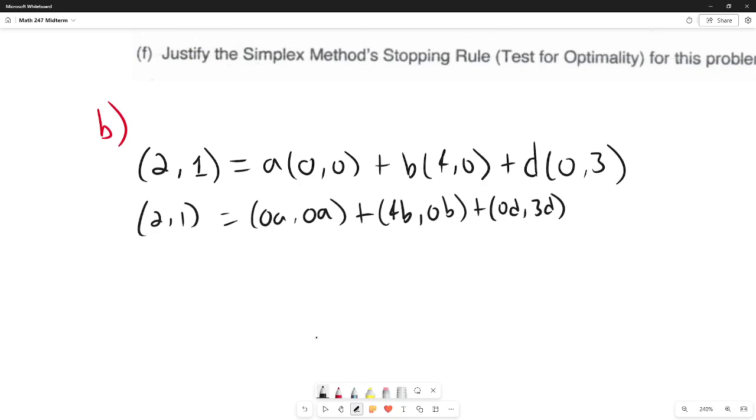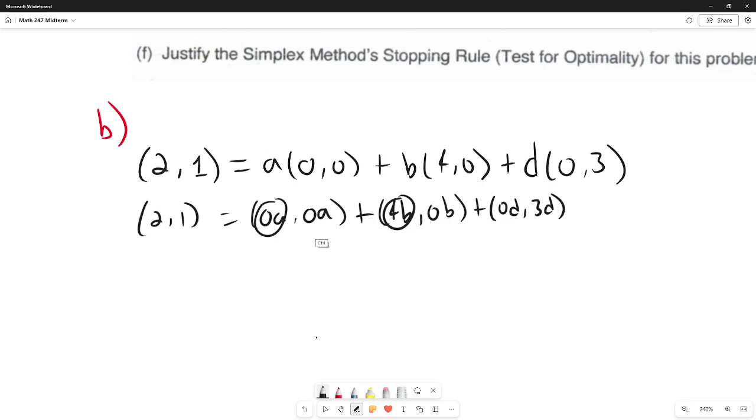And so what this is saying, 0A plus 4B plus 0D is equal to 2. And 0A plus 0B plus 3D is equal to 1.